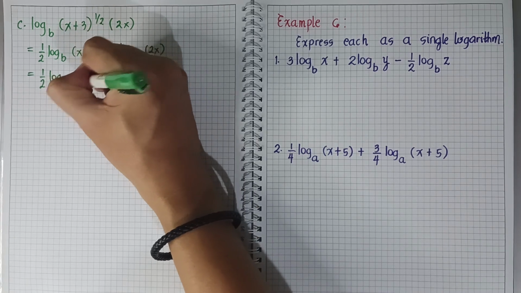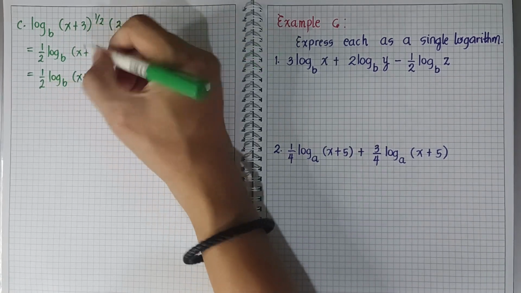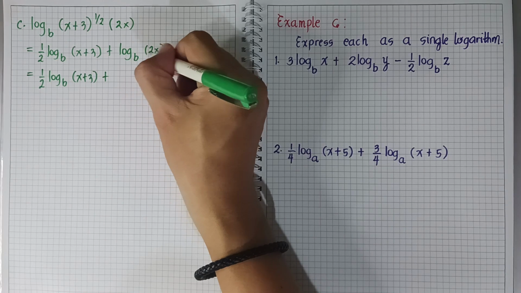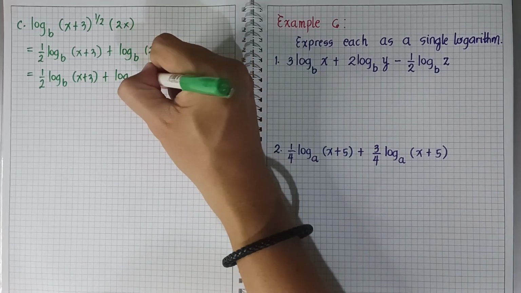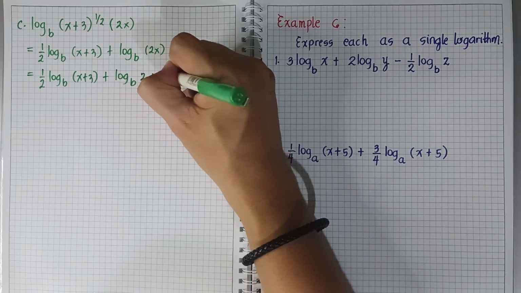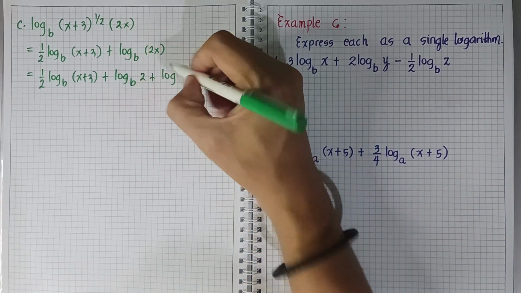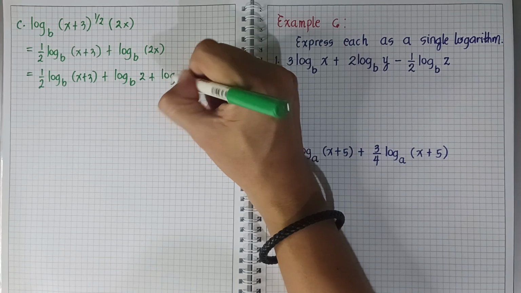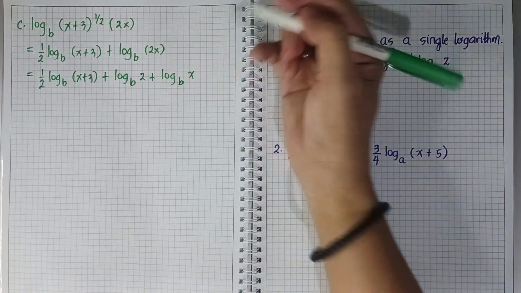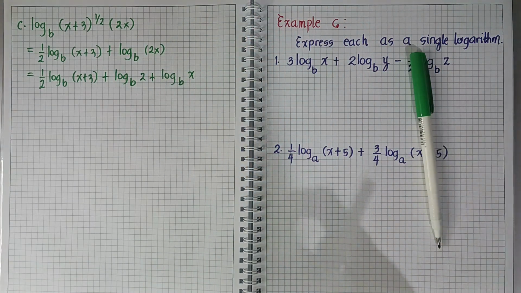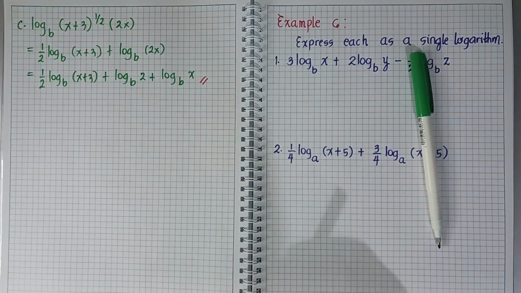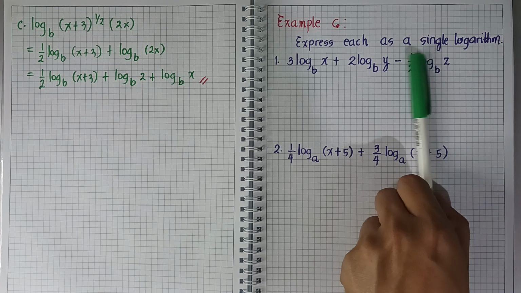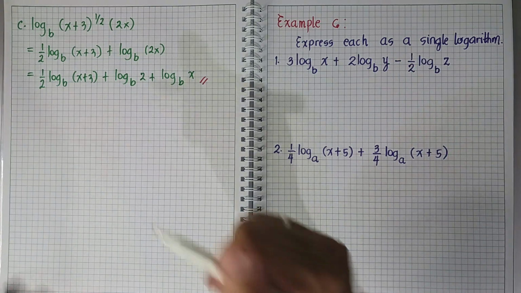And then copy x plus 3. Plus, eto guys, i-expand pa natin yan. And then 2 plus the logarithm of x to the base b. Okay? So, that is the final answer sa letter C. Nakuha guys? Next. Letter D.